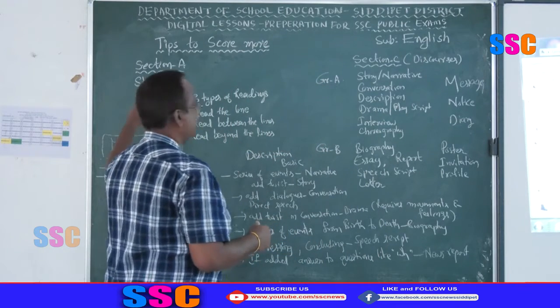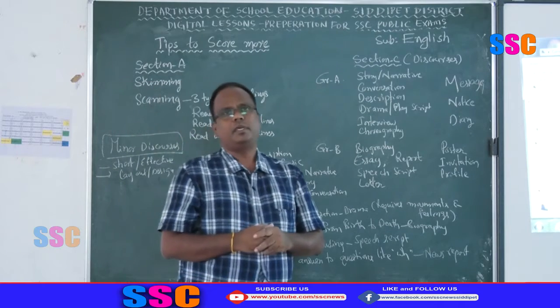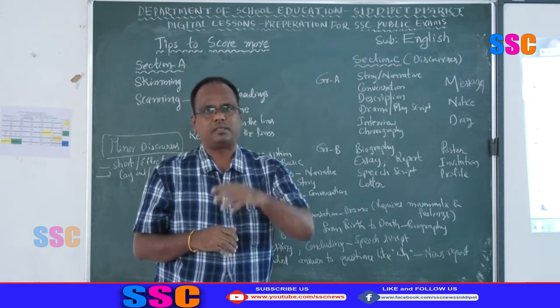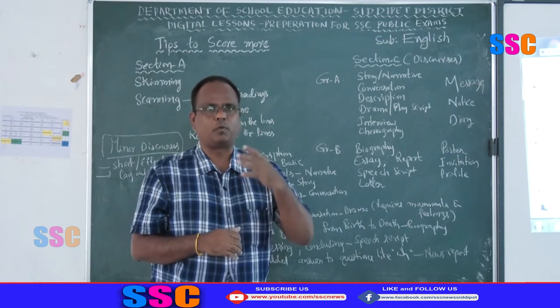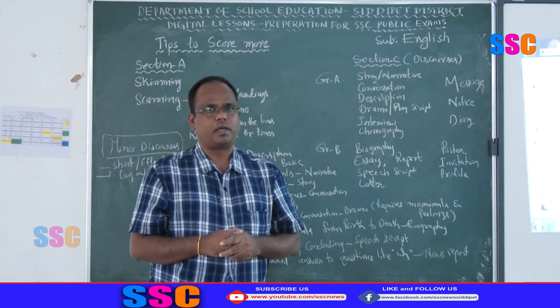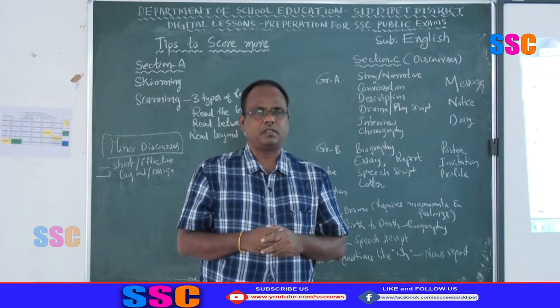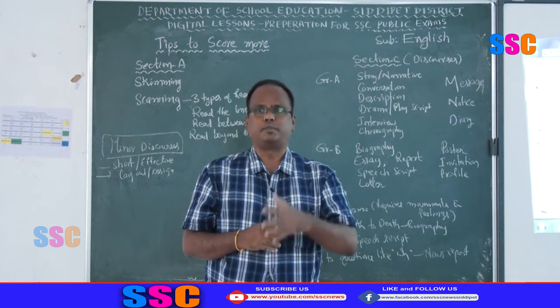The 2 techniques are skimming and scanning. Skimming is required to get the central idea of the given passage. But for paper 1, this is not required because all the passages in paper 1 come from the textbook only.